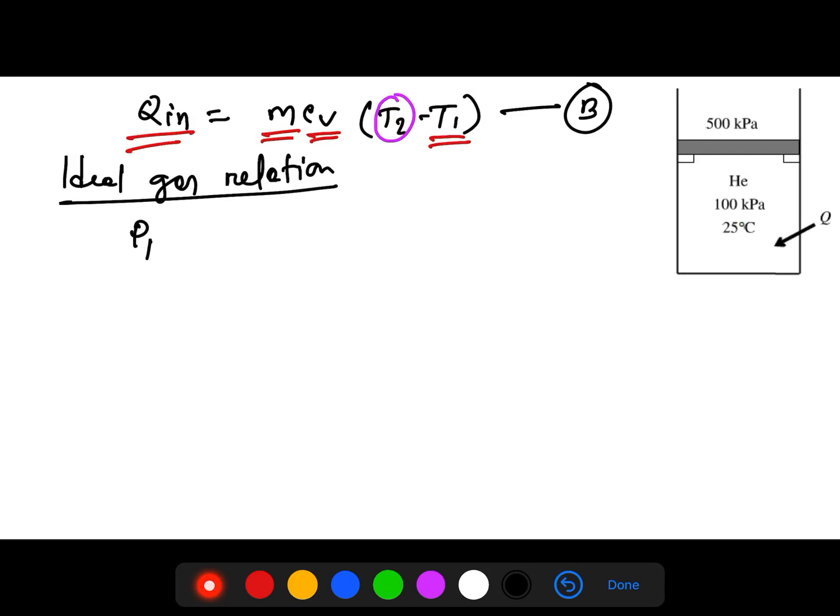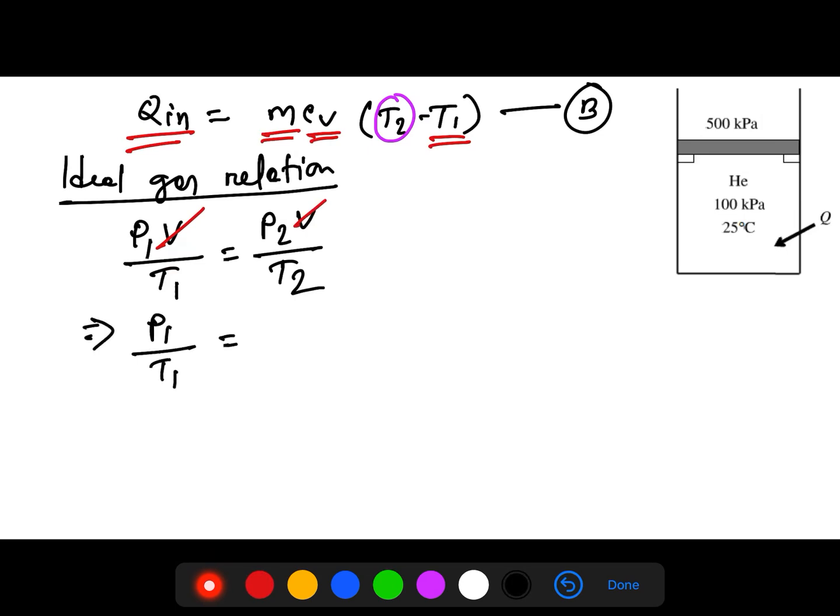Here we said it is a constant volume problem, so V is the same. So P1 V over T1 equals P2 V over T2. I'm telling again, we can write it as V1 and V2, but here it is a constant volume problem. So we can just eliminate the term V, and then it will be P1 over T1 equals P2 over T2.